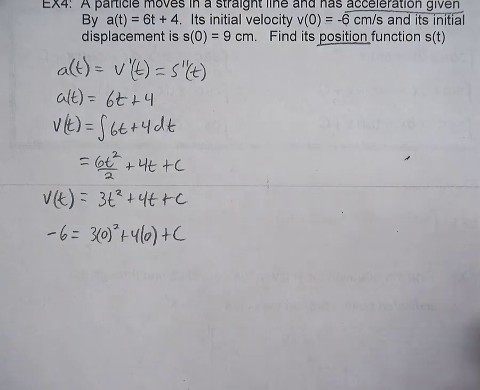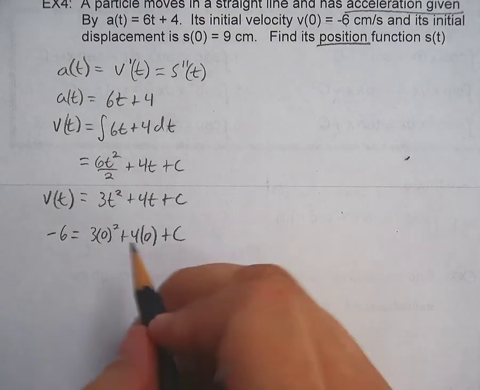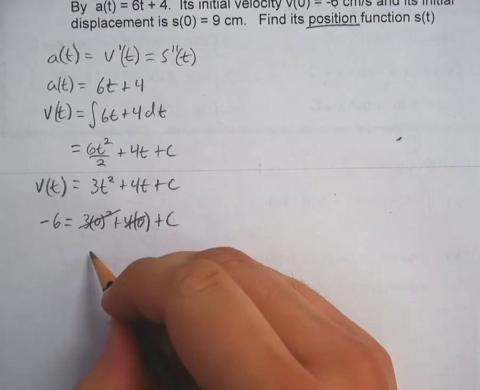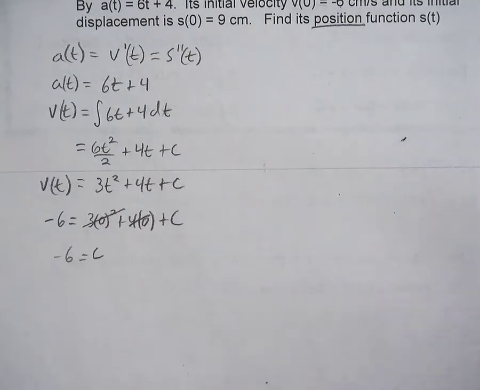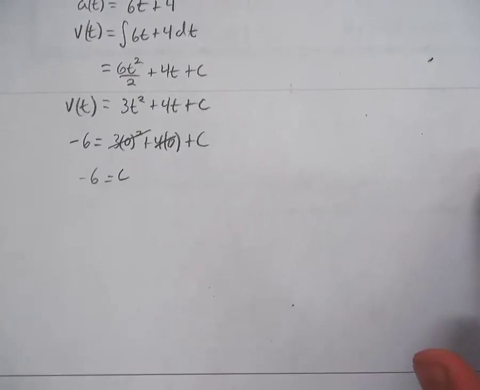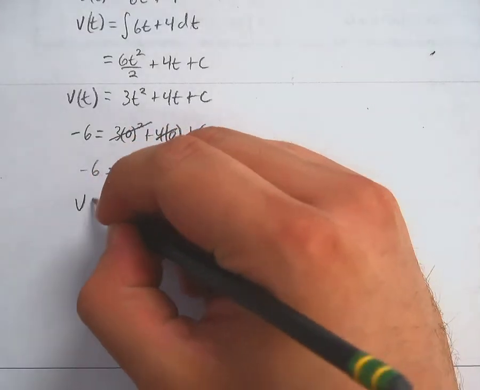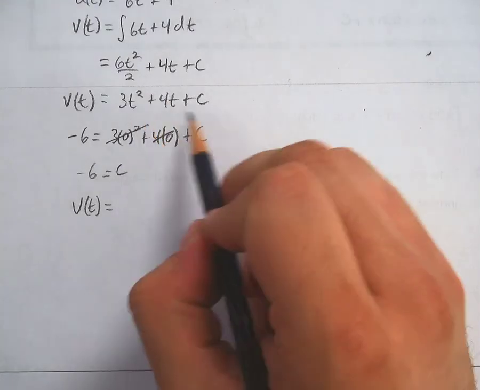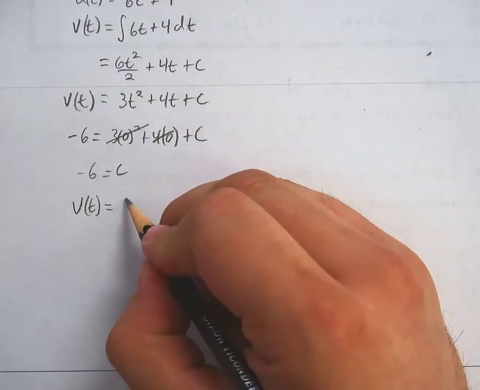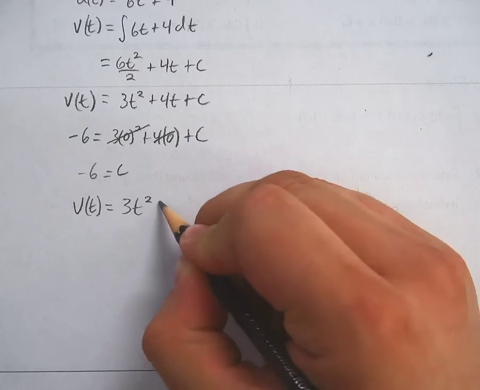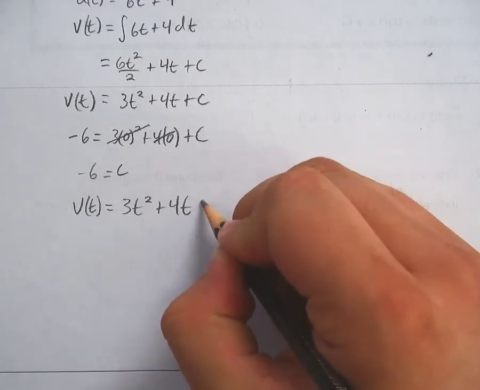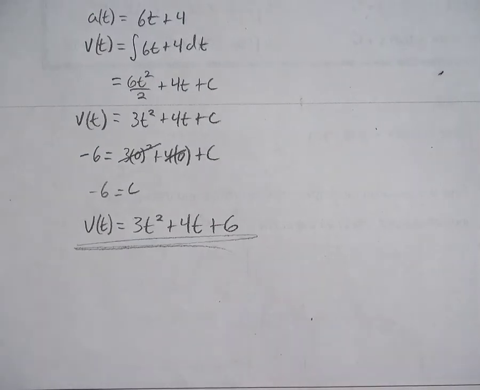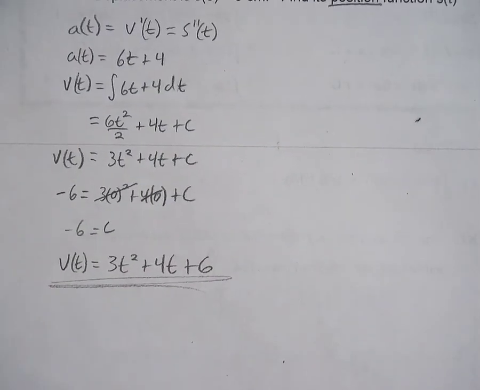and solve for c. Well, this is the same situation I faced on the front. 0 plus 0 plus c, so c is negative 6. Right? So your velocity function, v of t, is going to be 3t squared plus 4t minus 6. Now I'm going to need that, but that's not what the question is asking.